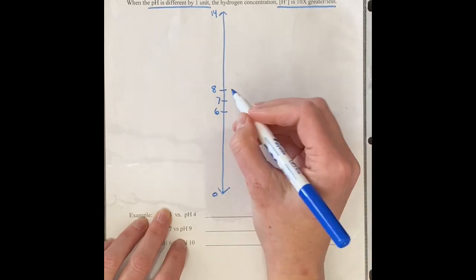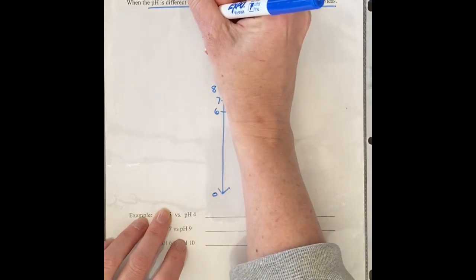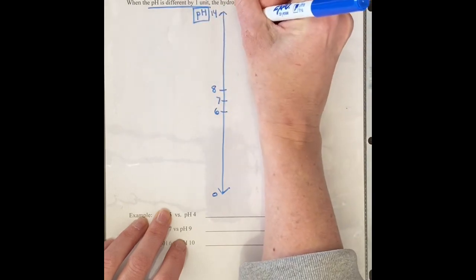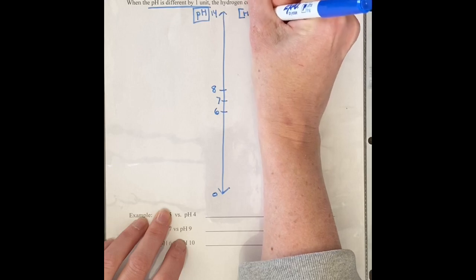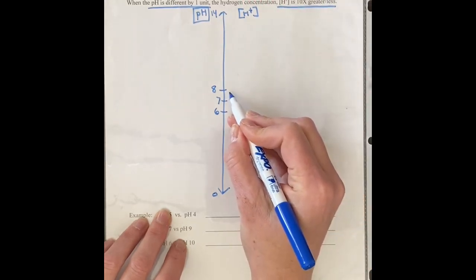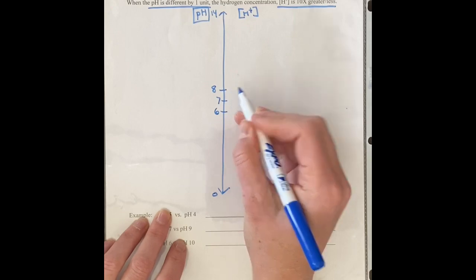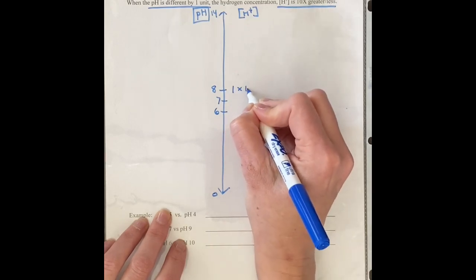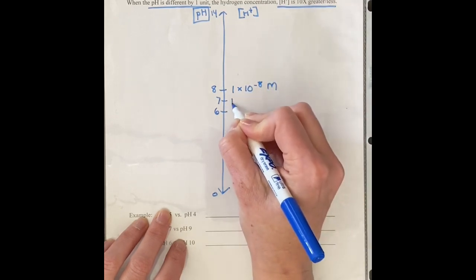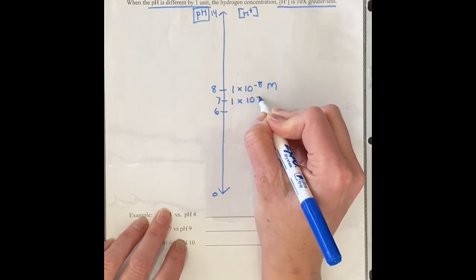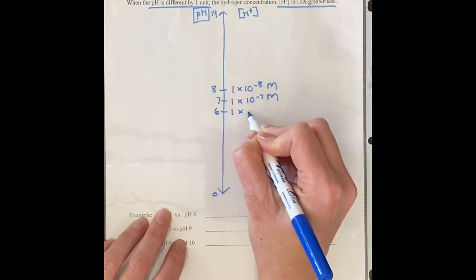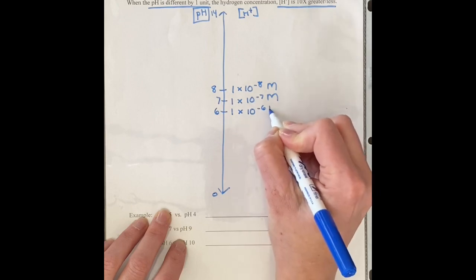Okay, so if I have, let's put pH on the left side, and let's put hydrogen ion concentration on the right side. So if I have a pH of 8, that's 1 times 10 to the negative 8th molar. pH of 7, 1 times 10 to the negative 7th molar. pH of 6, 1 times 10 to the negative 6th molar.